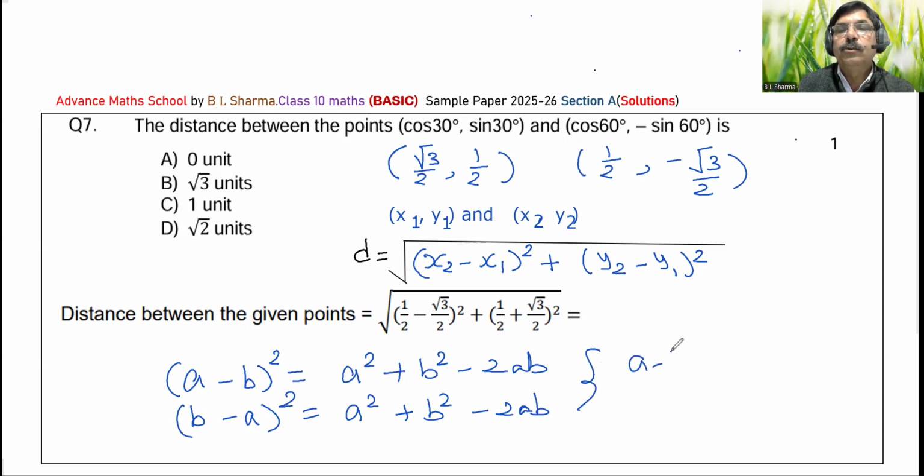Then please note (a minus b) whole square will be equal to (b minus a) whole square.